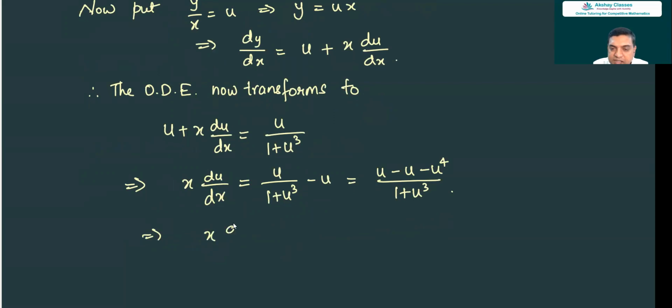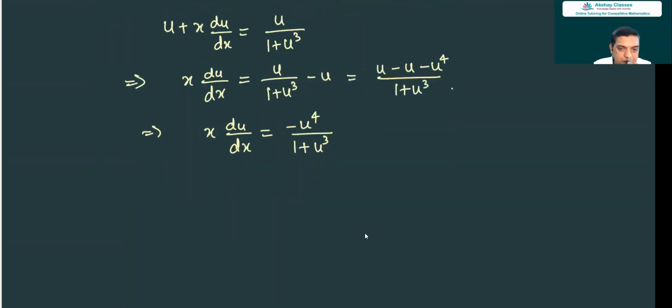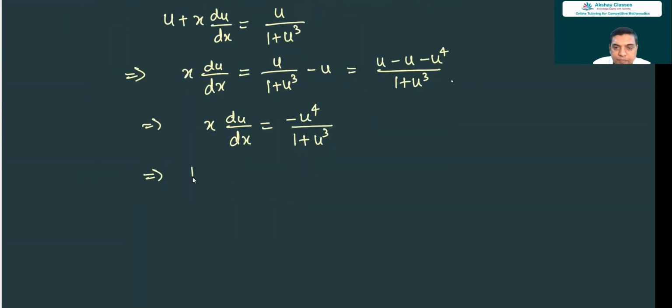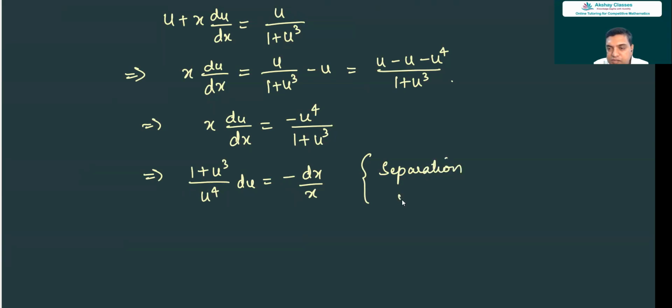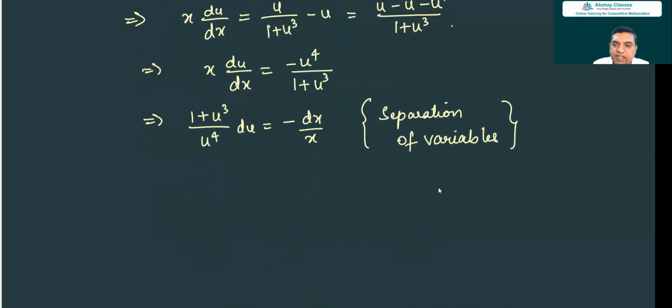We have x du by dx is equal to minus u power 4 by 1 plus u cube. Now we can separate the variables: (1 plus u cube) upon u power 4 du is minus dx upon x. Separation of variables. A form like this we can separate out.